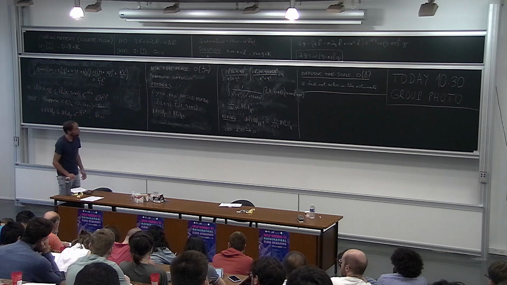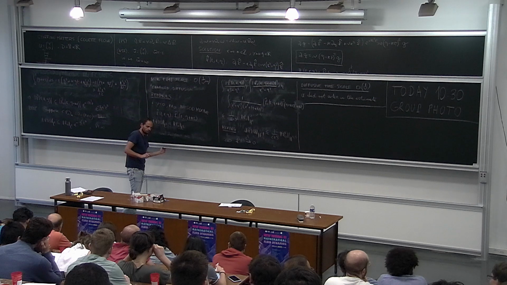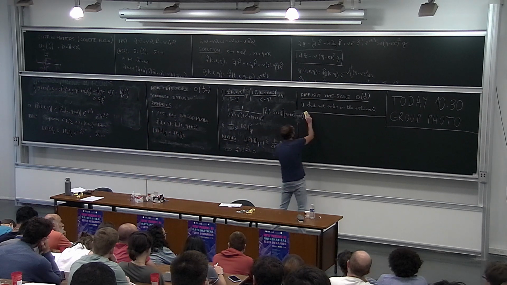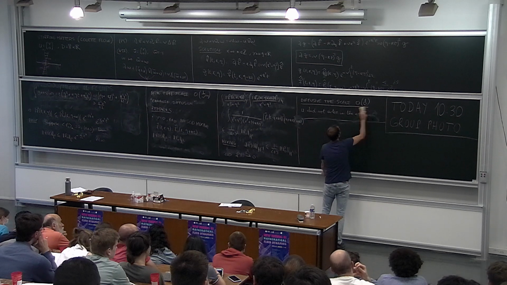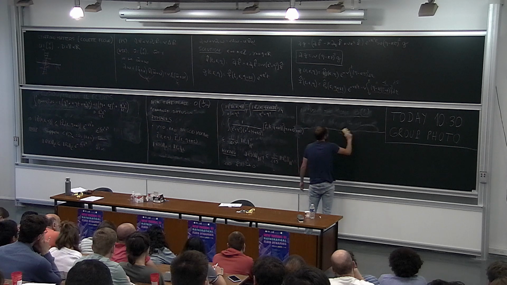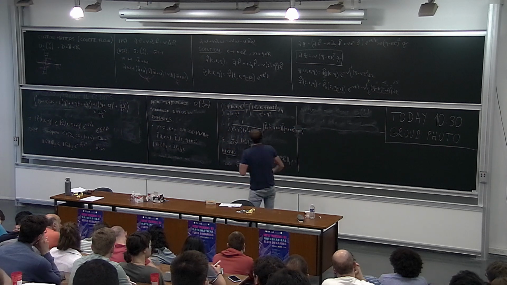Okay, so for this case, because you have the solution, you can get anything you like from this example. And in particular, you can get some good estimates for nu positive even.